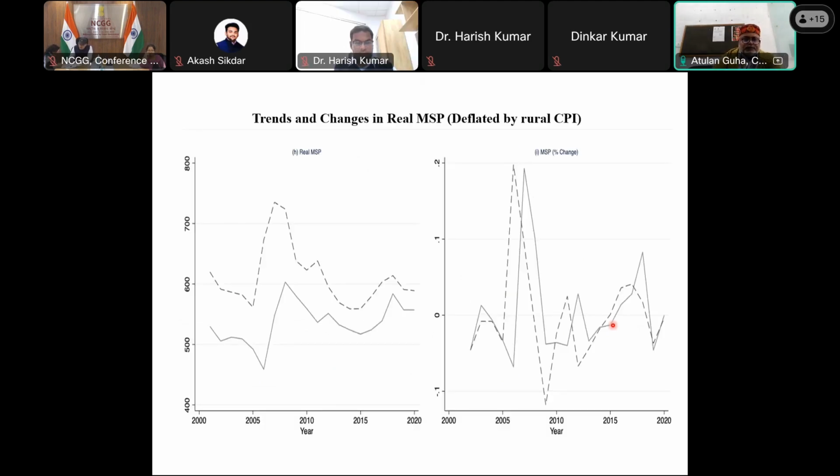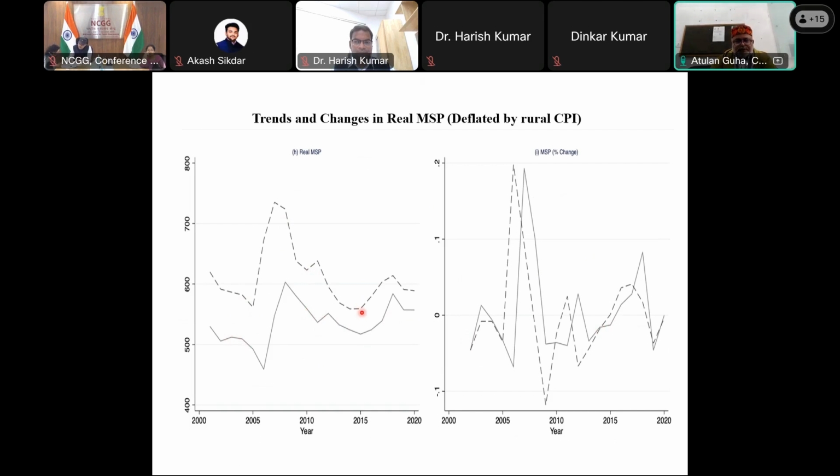And this is the real MSP, deflated by the rural CPA, to tell how much the farmer actually receives in real terms. This is the real MSP for the last 20 years. We see that though there was an increase, from 2010 onwards there was a downward trend in the real MSP.